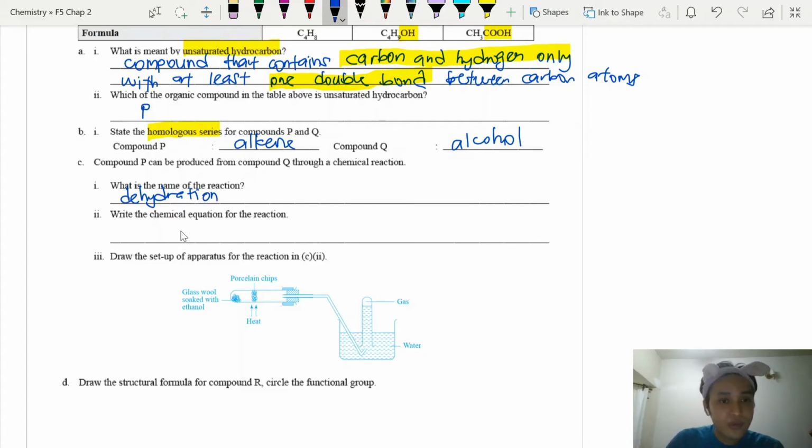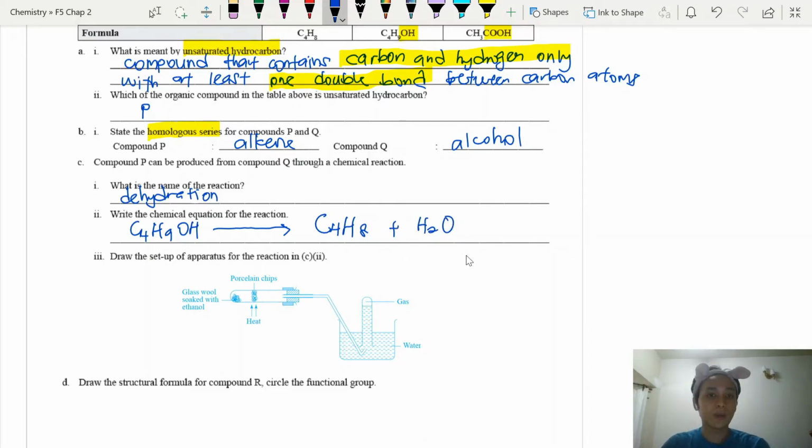Then they will ask you to write a chemical equation for the reaction. So C4H9OH. Dehydration means I remove water, so I'm going to get my alkene here, C4H8, and since I remove water, water will come out. The important thing is you must put the condition here, heat, and then here you put the name of your catalyst.